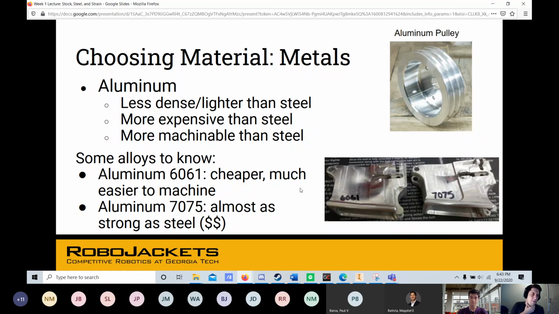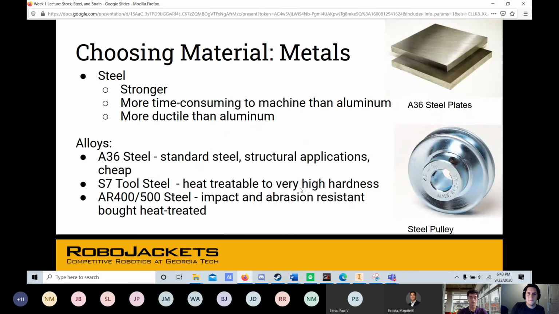From the top of my mind, I can remember RoboNav using, I think, aluminum 5052 or something like that for some of our sheet metals, just because those were very ductile. We were planning on bending them, so it was a lot more ductile, and it wouldn't break during those bending operations, and it wasn't going to go under significant load. But hopefully that should be good enough for you guys to understand what makes aluminum special.